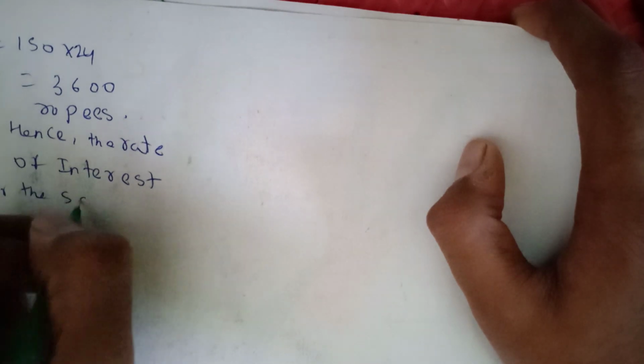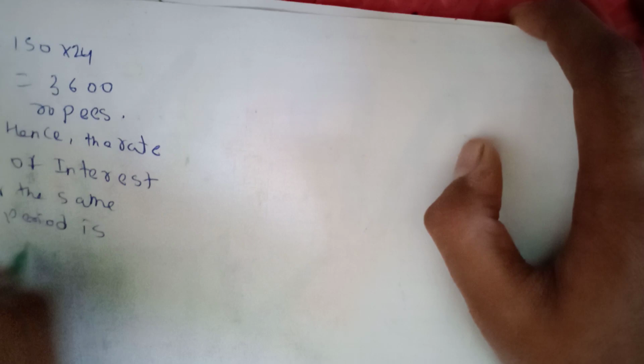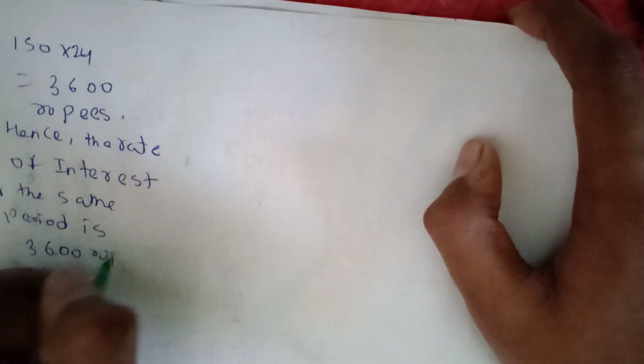I'll show how I get this answer. See here, these 2 zeros get cancelled. So 4 6s are 24. So we get 150 into 24 is equal to 3600 rupees. Hence, the interest for the same period is 3600 rupees.